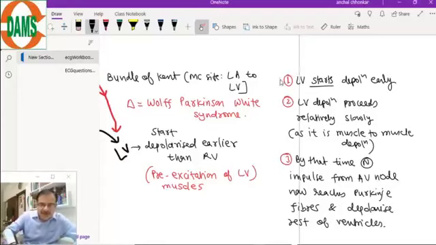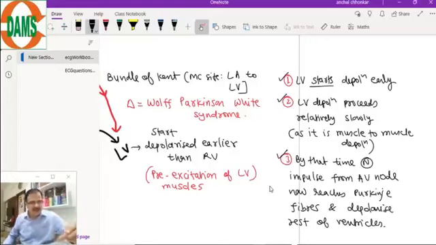So number 1 step, number 2 step, number 3 step. These are the steps of depolarization. Yes, Purkinje fibers are way faster, but the impulse from the AV node reaches those fibers relatively slowly in cases of WPW syndrome.